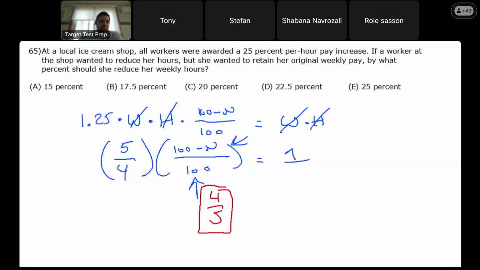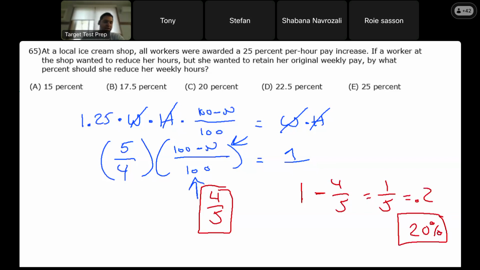So if you stop there and say, what does that equate to as a percent reduction? All you have to do is 1 minus 4 over 5, which of course equals 1 over 5, which equals 0.2, which equals 20%. And that's literally your answer.